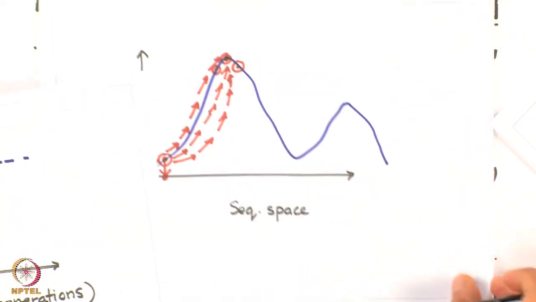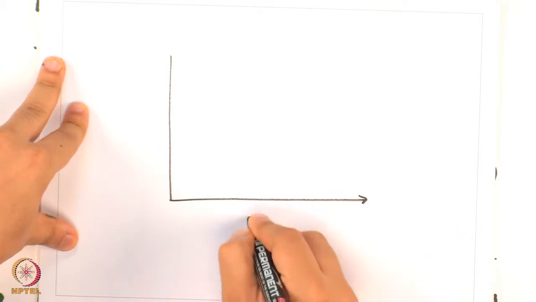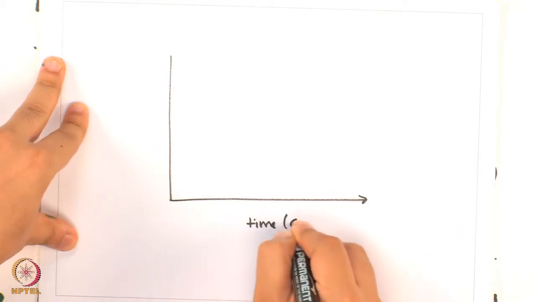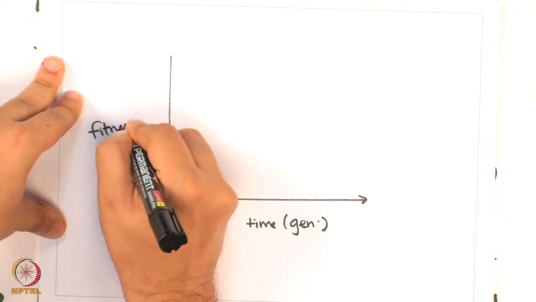But what we can see here is that in these representations we can define a variable called speed of evolution. And let me just redraw that graph again. So, this is time in generations and this is mean fitness of the population.